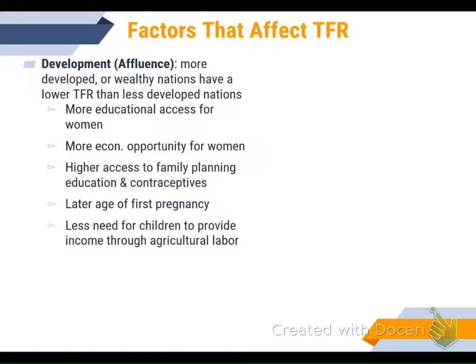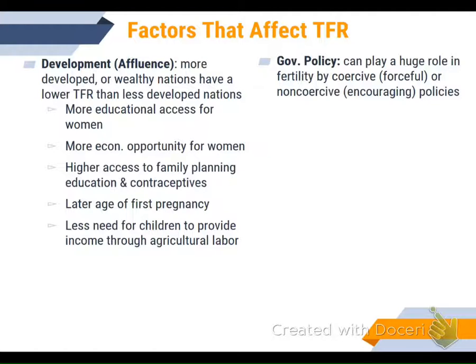We're going to need fewer children to provide income through agriculture. When you're in agricultural labor, you need lots of kids to help support you, being able to take care of the cattle, sowing, weeding, and stuff like that.